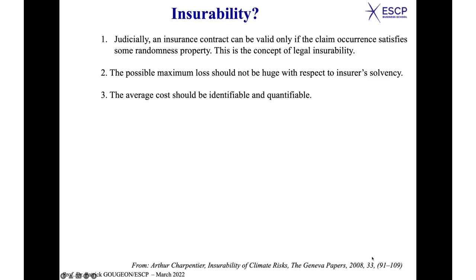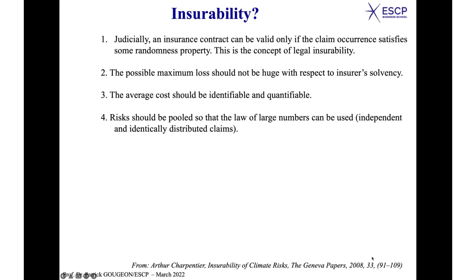And if there is really nothing that can be considered to end up with an estimate of the average cost, insurers have difficulty intervening. They would try to do their best in any case, but they need this type of data to price a risk properly. Risk could be pooled so that the law of large numbers can be used. This is what we'll see later on in more detail.